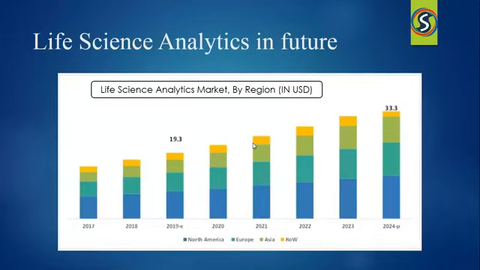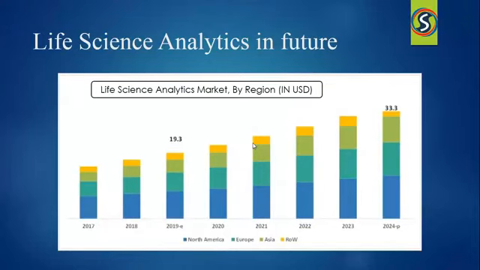Now, the life science market is segmented into four different segments. That is, we have pharmaceutical and biotechnological companies, medical device companies, research centers, and third party administrators. The pharmaceutical and biotechnological companies segment commanded the largest share of the market in 2019.